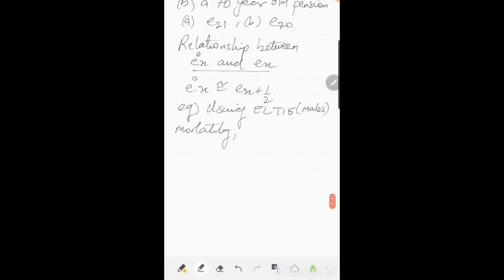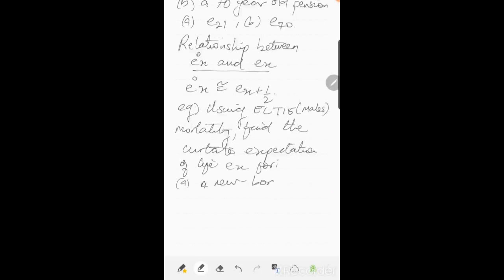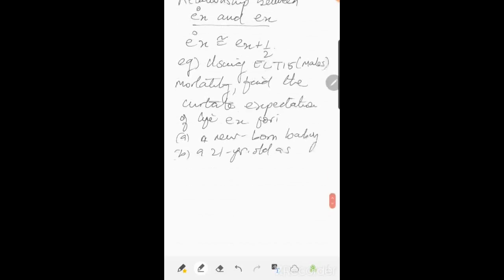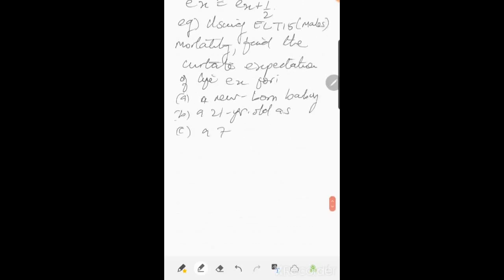We want to find the quoted expectation of life EX for the following: A, a newborn baby; B, a 21-year-old student; and C, a 70-year-old pensioner.